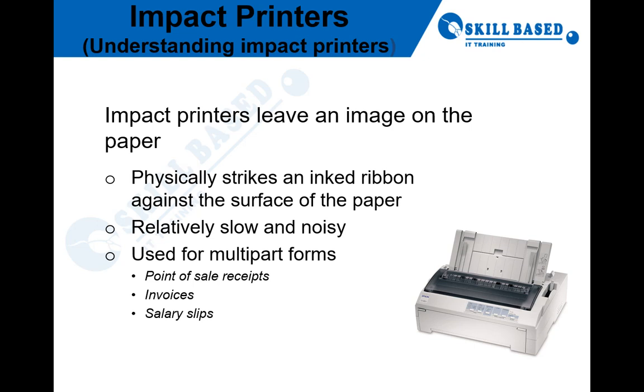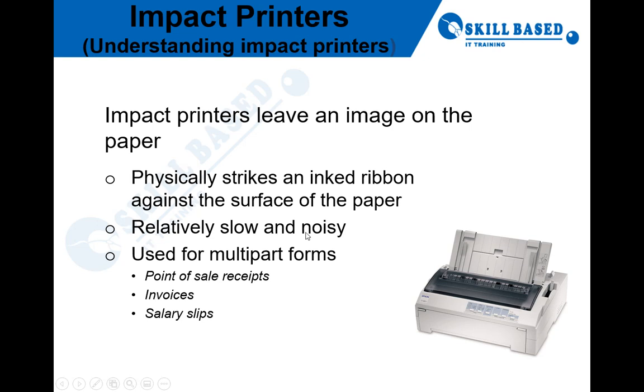So before they strike the paper, they strike the ink soaked ribbon first. The mold strikes the ink ribbon, and the ink ribbon attaches to the paper, and therefore they create text or images on the paper. And because it's physically solid, it's relatively slow and also noisy.